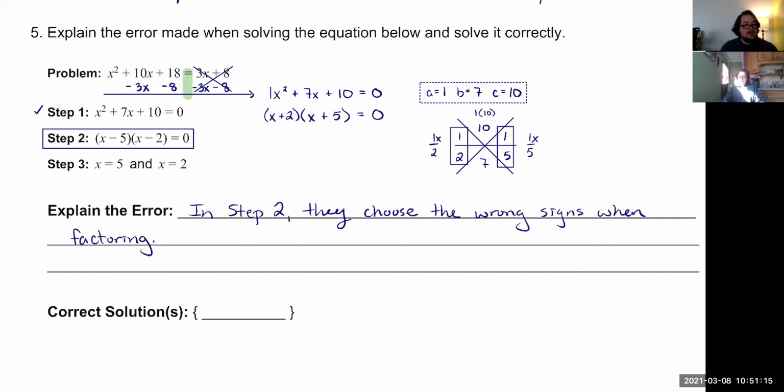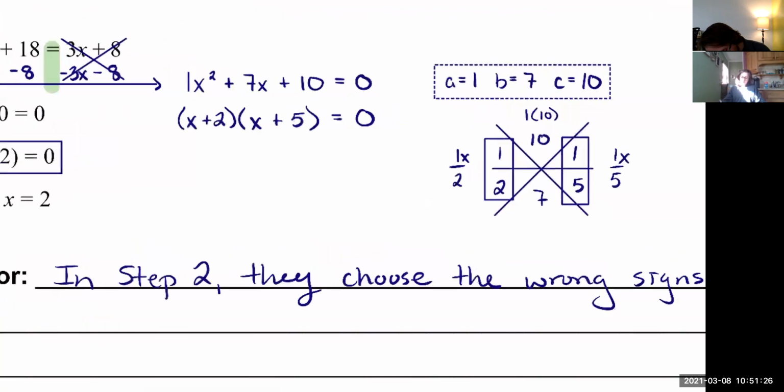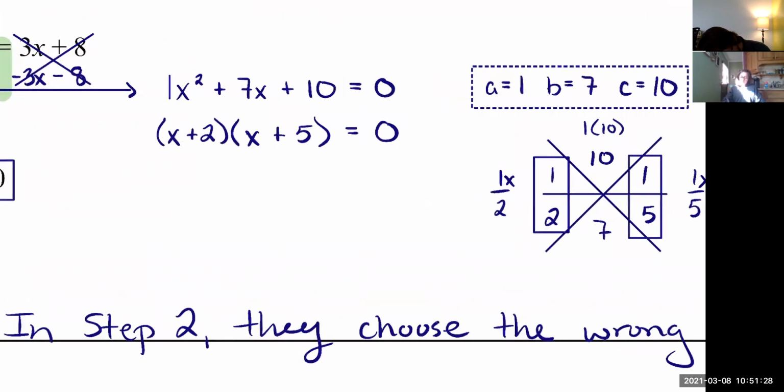Now, let's not worry too much about the rest of their work, because as soon as you make a mistake, obviously that mistake then continues to carry through. But if we were going to finish solving it, according to the zero product property, either x plus 2 has to equal 0, or x plus 5 has to equal 0.